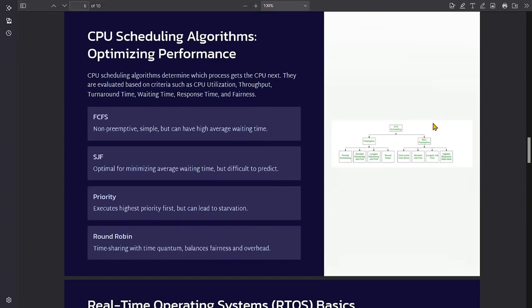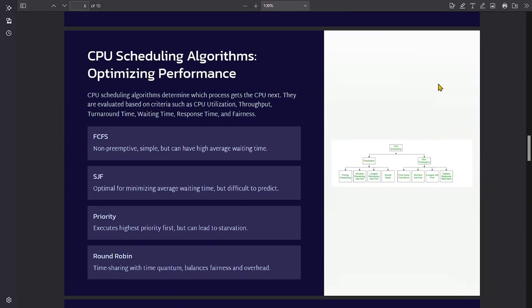Next up, we go through the CPU scheduling algorithms and on optimizing performance. So CPU scheduling determines which task or process should execute next. Several algorithms exist for this. First come, first serve is simple and non-preemptive but can cause long waiting times. SJF or shortest job first minimizes wait time but requires accurate prediction.